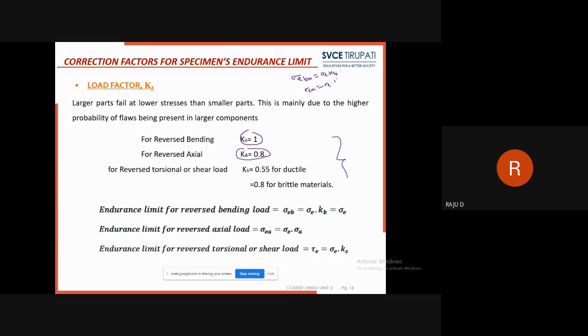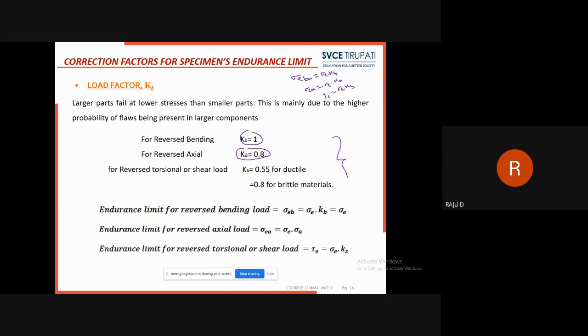If it is reversed shear load condition, tau E is equal to sigma E into Ks. So these three are used for the endurance limit in reversal condition with respect to bending, axial loading condition, and shear loading condition.